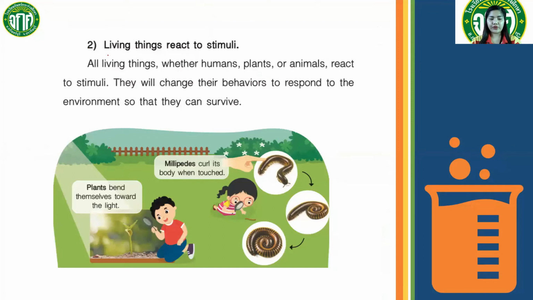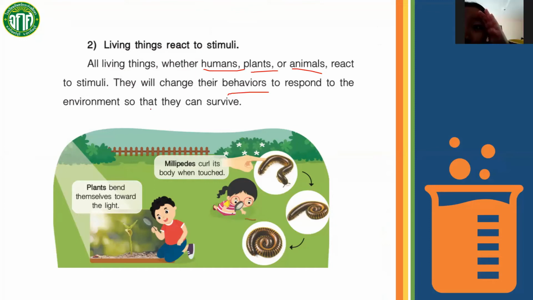Next, number 2, living things react to stimuli. So again, all living things, whether humans, plants, or animals, react to stimuli. They will change their behaviors to respond to the environment so that they can survive. We have here an example.